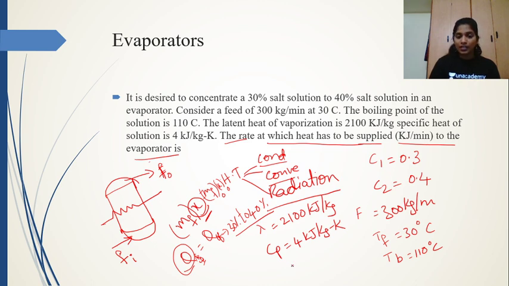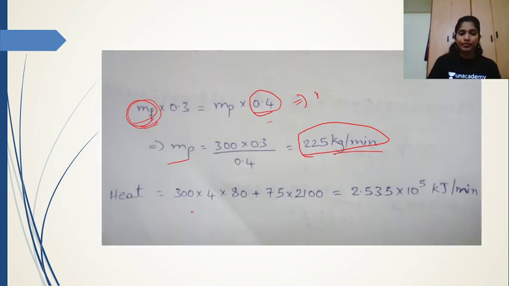Which is nothing but the mass flow rate of the feed, m cp delta T, plus steam. This is the energy of the steam, so the energy of the steam is m lambda. This is m cp delta T, right?